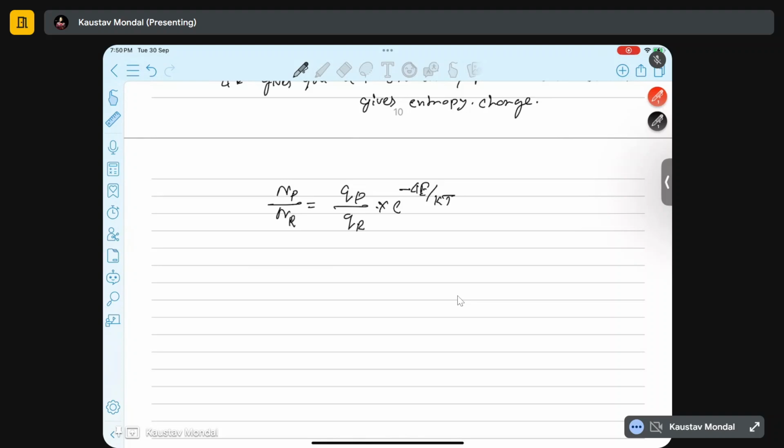How this relation is coming, we will discuss in the next class. For today's class, just follow through my discussion. So from here, if you know the K, this is the way you can calculate the K also.